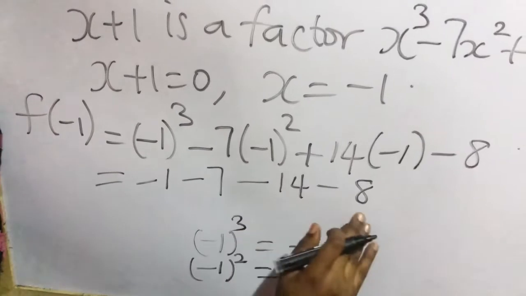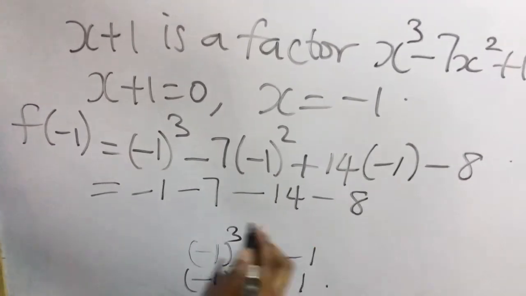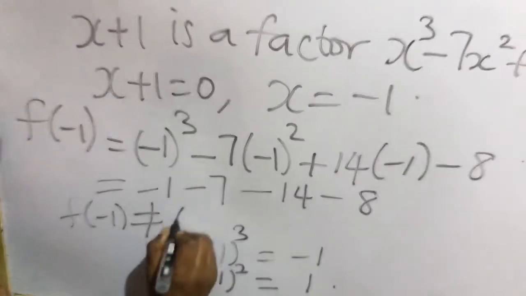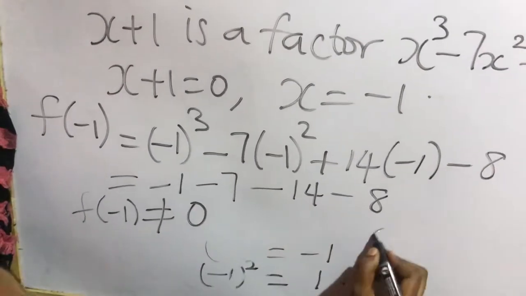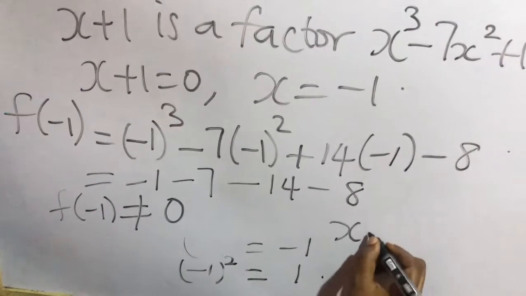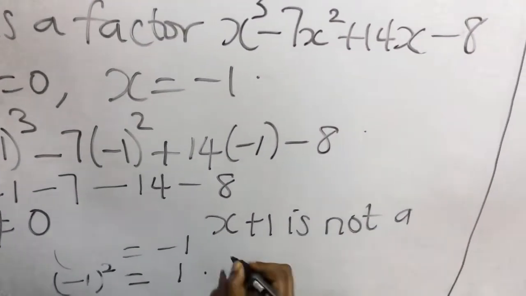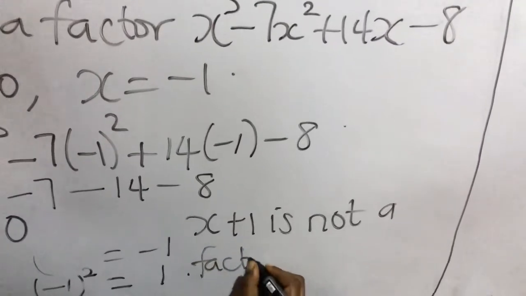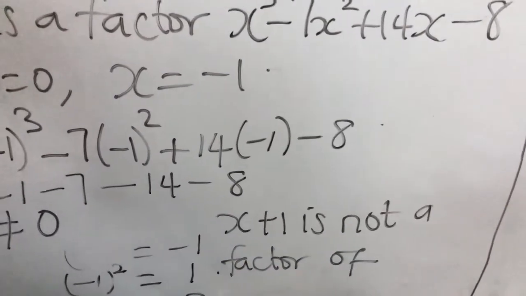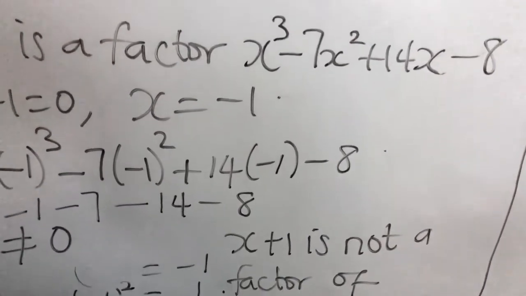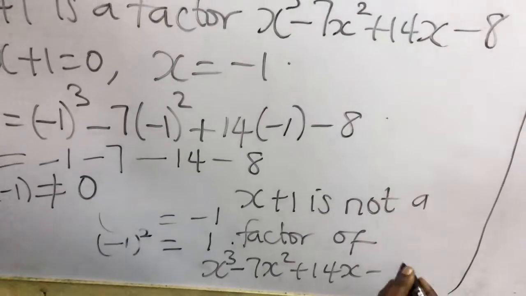Minus 22 minus 8 is minus 30. That means f of minus 1 is not equal to 0. It means that x plus 1 is not a factor of x cubed minus 7x squared plus 14x minus 8.